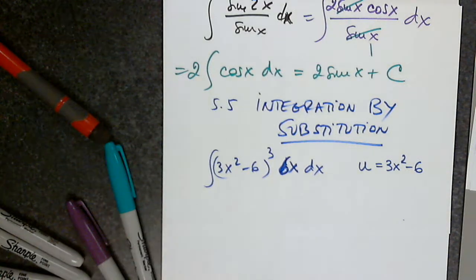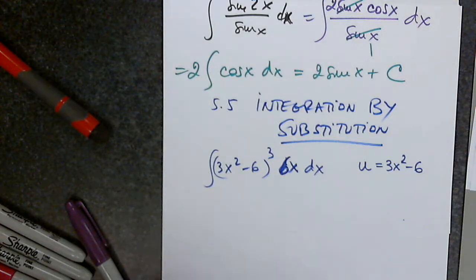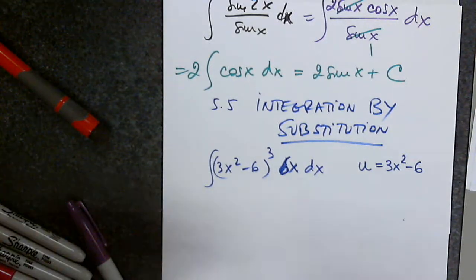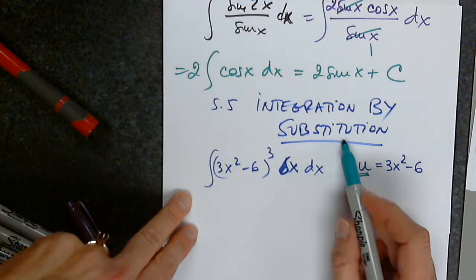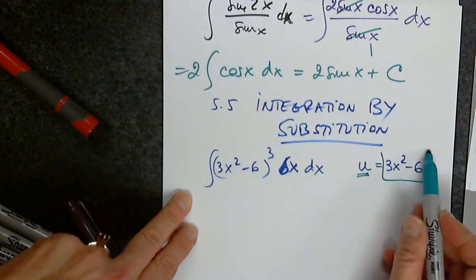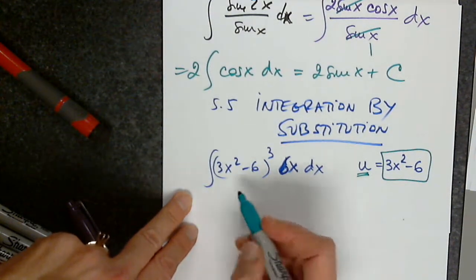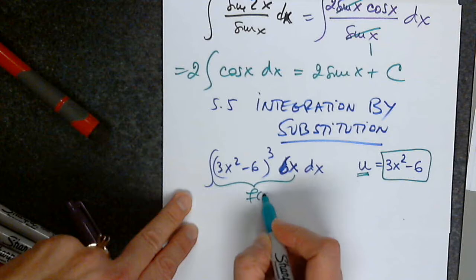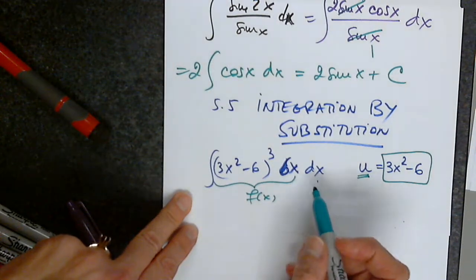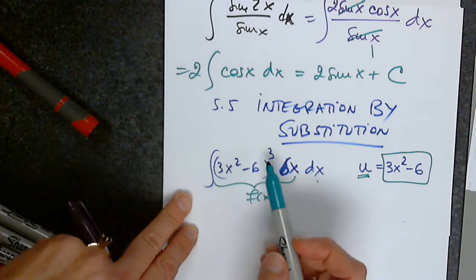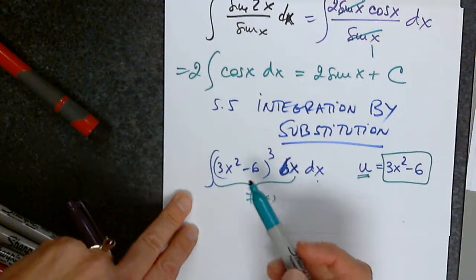Okay? Keeping that in mind, when I change the variable or use the substitution, and I look at this function, this is the f of x and this is dx. This is what I would really want to get rid of.